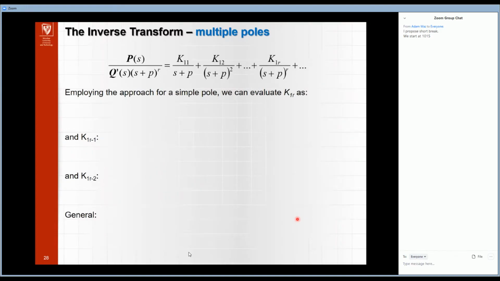And the last one, multiple poles. It is such a function. We can write these equations in the s domain as a summation of such terms. For example, here we have (s plus p) squared, etc. So we are employing the approach for a single pole.